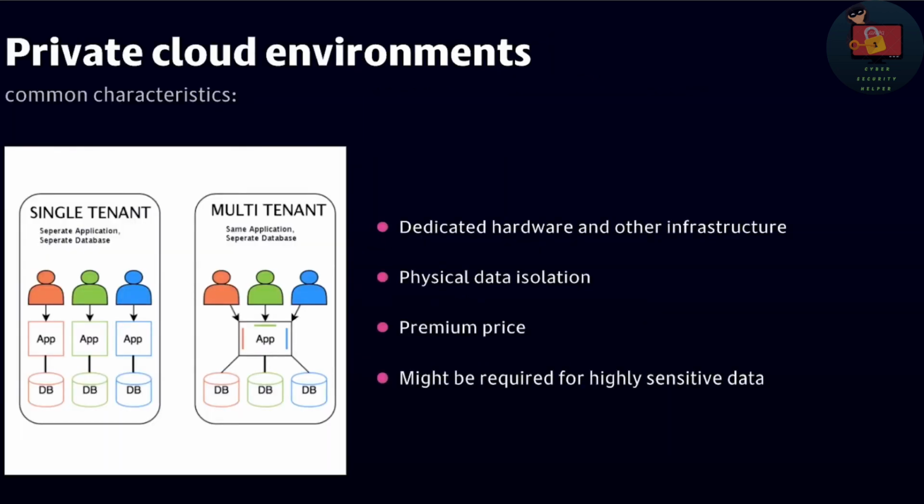We see our multi-tenancy versus single-tenant diagram over here. In private clouds, the customer gets a dedicated piece of hardware or infrastructure within the cloud provider's data center. Now, it can also look slightly different where a customer may pay a cloud provider to maintain that customer's hardware in their data center.